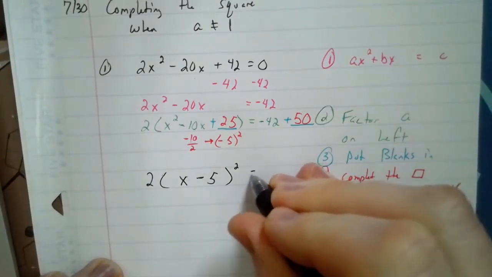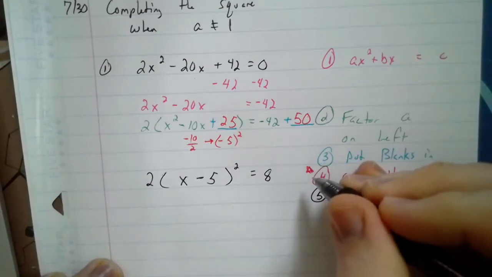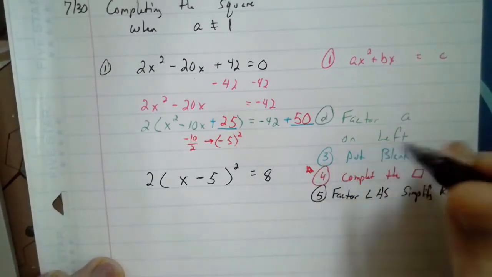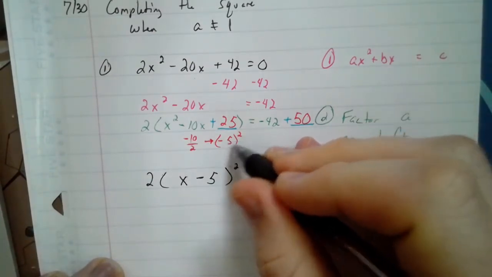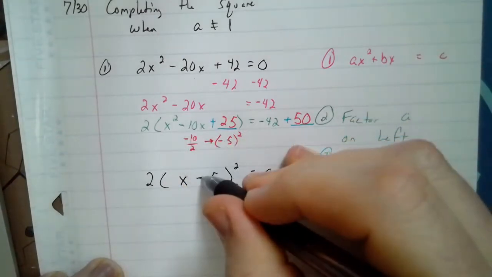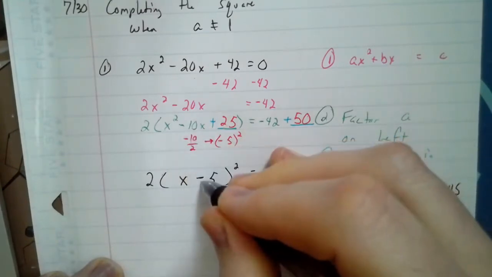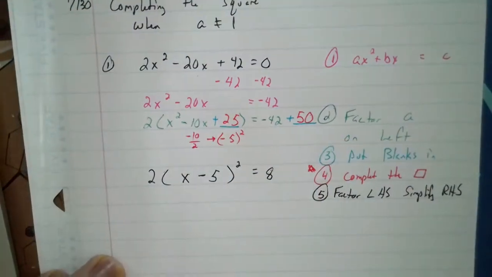And then over on the other side, I've got negative 42 plus 50, which is 8. Okay? Very important here, right? Please remember, whatever you do here, this sign will always match that sign. A lot of you are going from this and saying x plus 5, minus, minus. They have to match, okay?